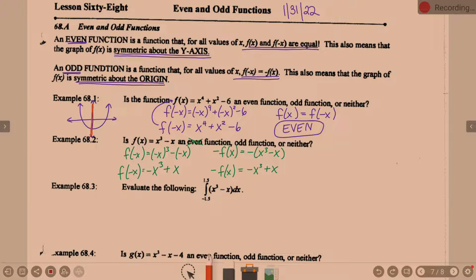What just happened? F of negative x and negative f of x ended up equaling, didn't they? So when f of negative x equals negative f of x, we know that it is odd. Anyone look at the graph?